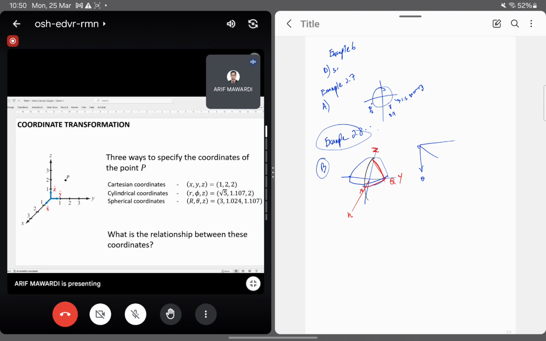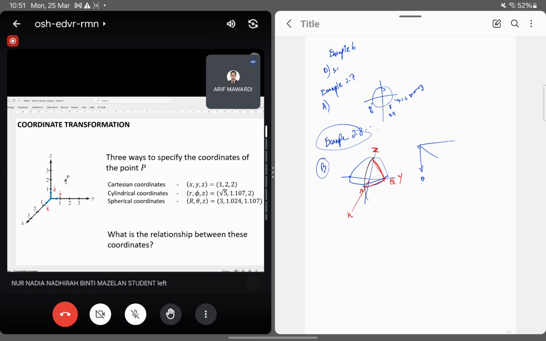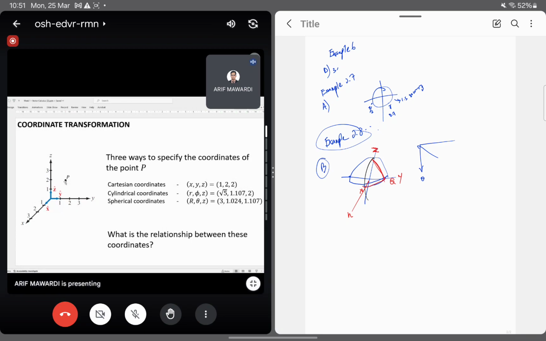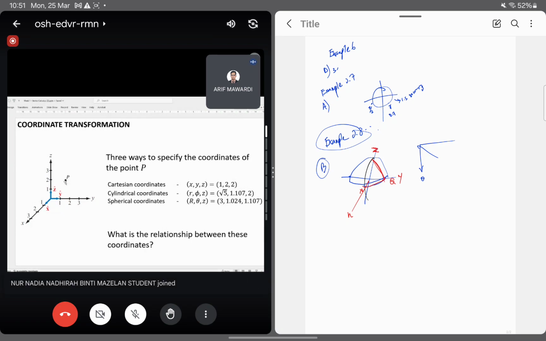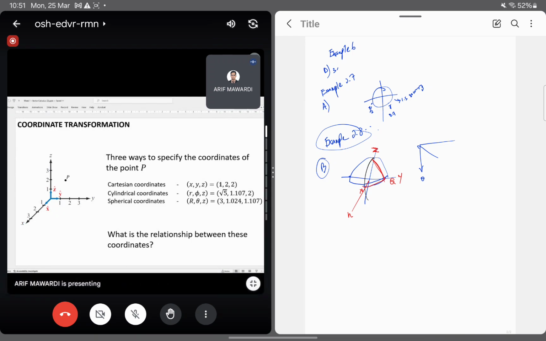So for example, I have this point here. If I decide to use the Cartesian coordinate system, I can specify the location of this point by specifying these particular numbers: 1, 2, and 2.